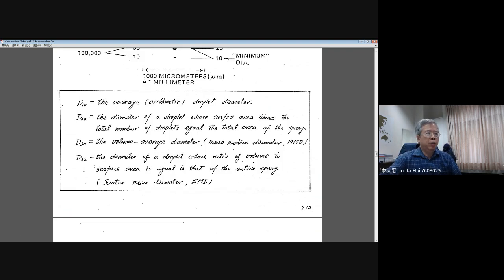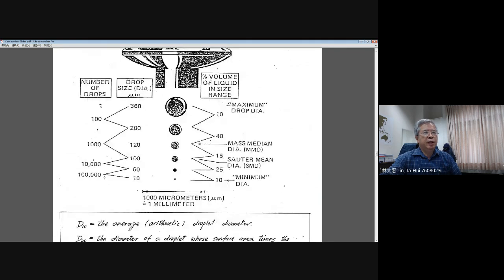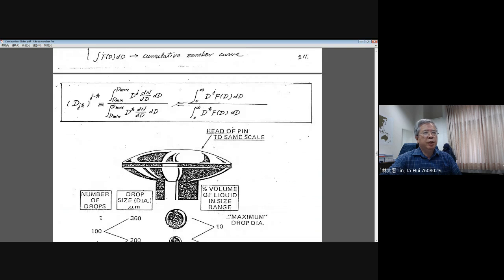And here people use the Sauter mean diameter. We call this SMD. By this definition, people use this formula to study the influence on practical applications. I mentioned D32, a mean diameter basically used for combustion.